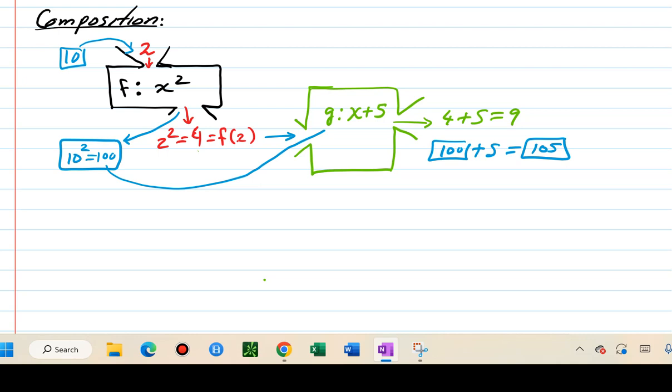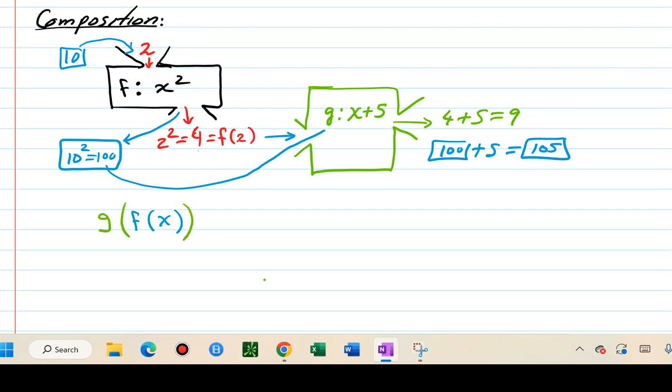So how can we write what just happened here? The first machine, f, processed x squared, so I'm just going to put f of x, that's the process through the first machine. And then remember, we output this as an input into g.